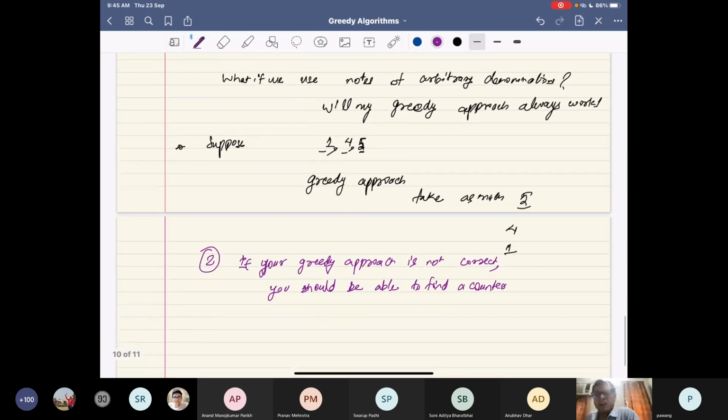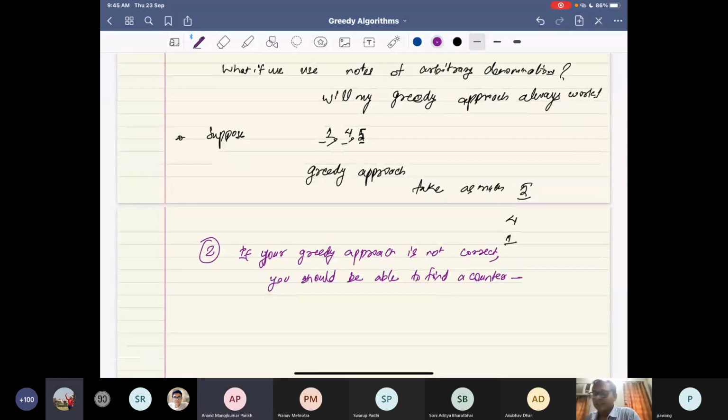What do you mean by a counterexample? Where the greedy solution is not optimal.